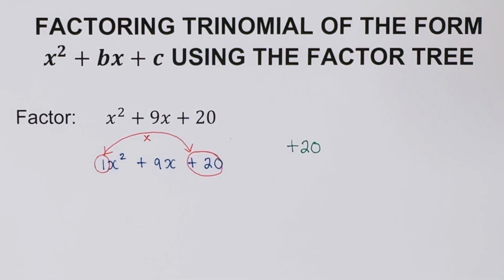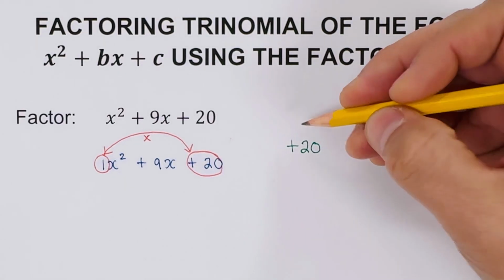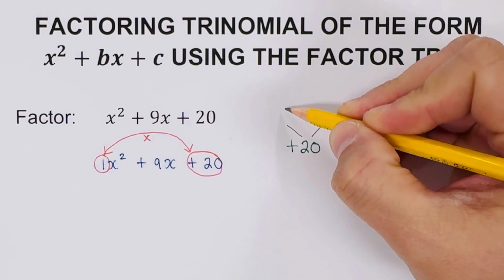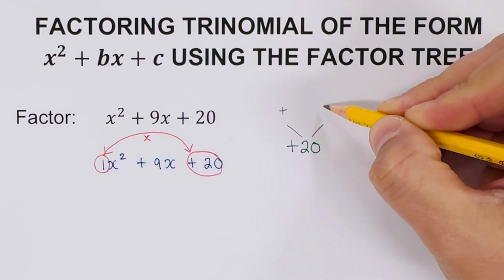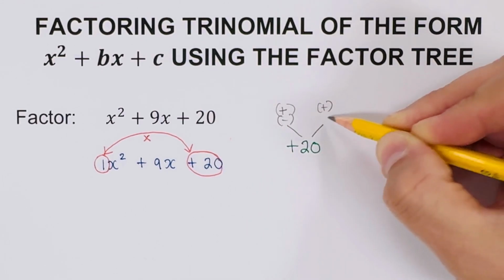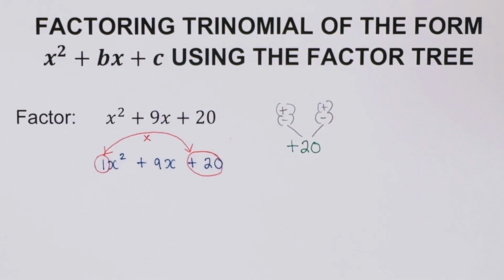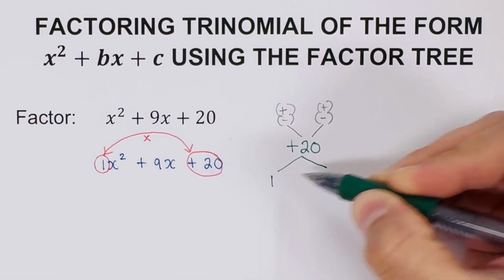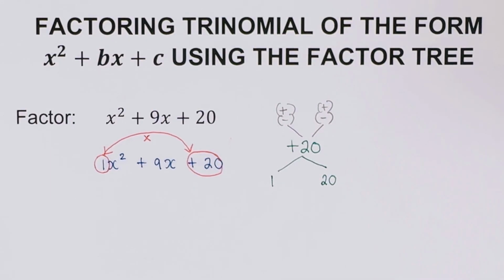Now we're going to get the factors of 20. We remember that to get a positive number, there are two options. Either both numbers multiplied together are positives, or both numbers multiplied together are negatives. So we're going to start first with 1 and 20. That's the first factor.